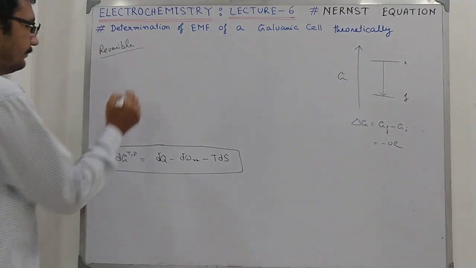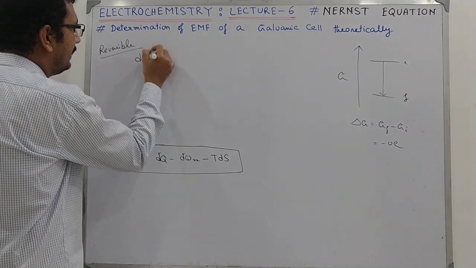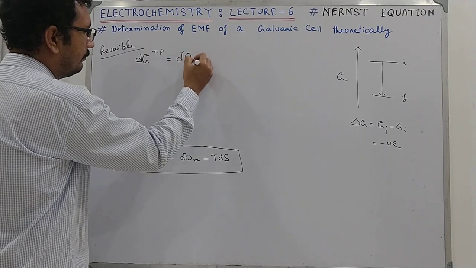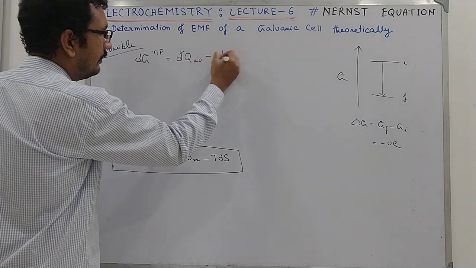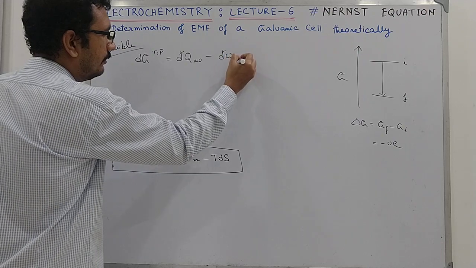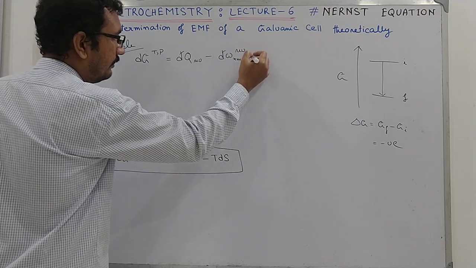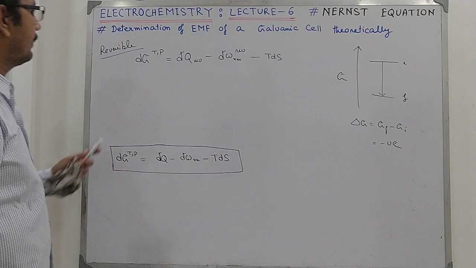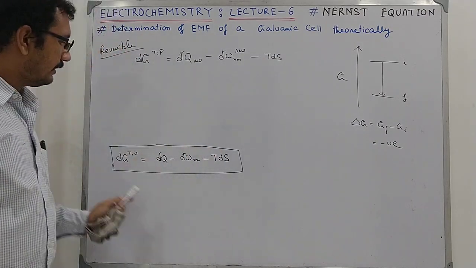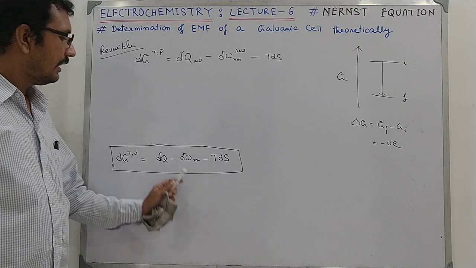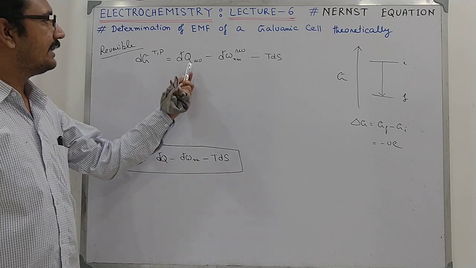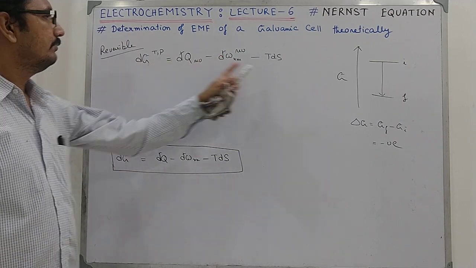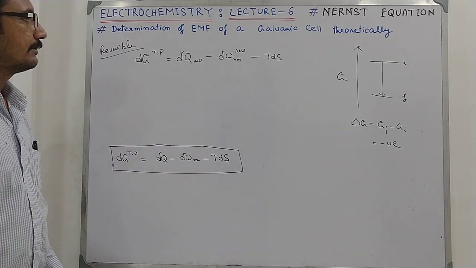Now this equation will be modified to đQ reversible minus đW non-mechanical reversible minus TdS. So you see one thing: this is the general equation and I am putting the reversible tagging only on this đQ and đW and not on these expressions.